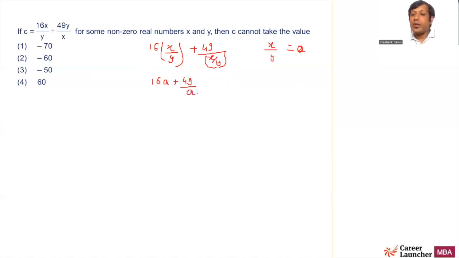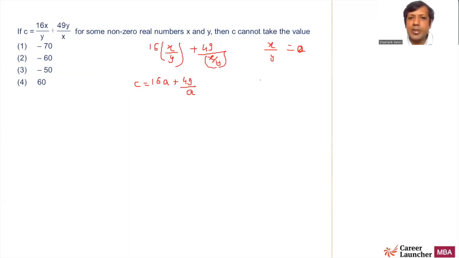Now, which of the following cannot be the value of this? It means the question is trying to say it has a lot of different values, but there is a particular range. It cannot have those values. So I need to figure out which of the following should not be one of the values of this equation. So my job is to eliminate three options.